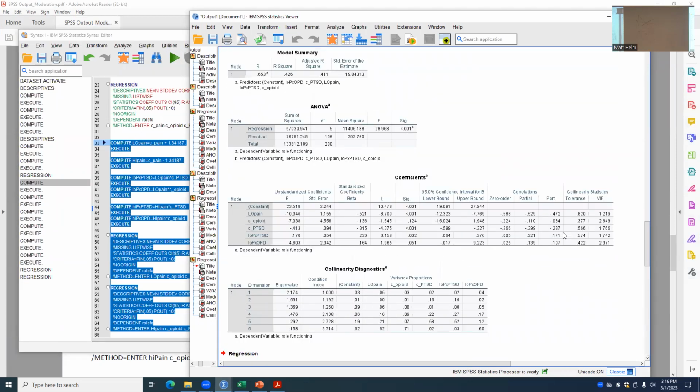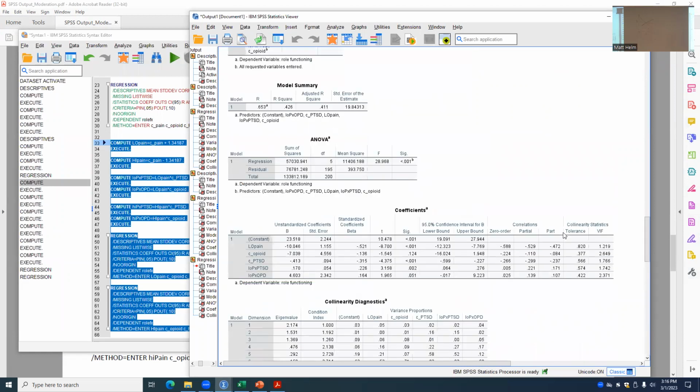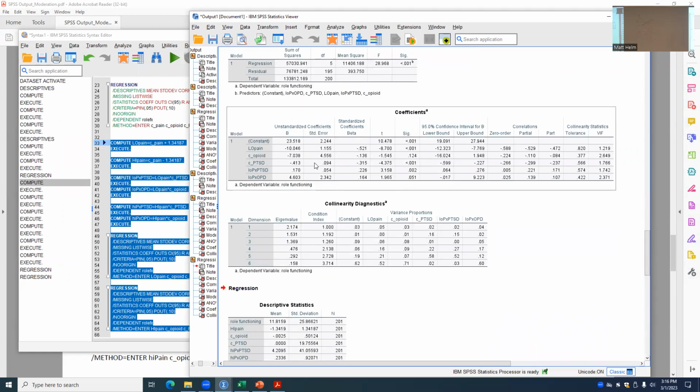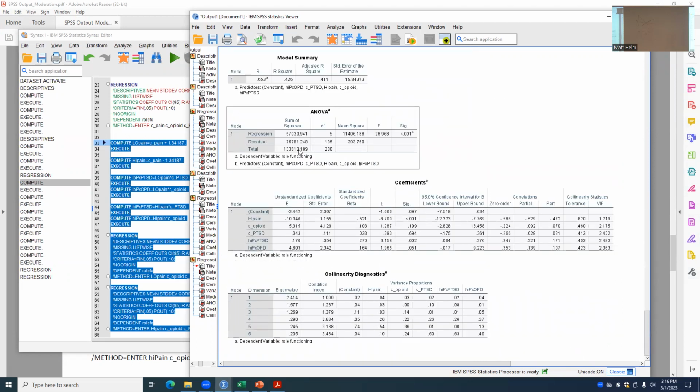I get one model here that is my simple slopes for PTSD at low pain and my simple slopes for PTSD at high pain. Okay.